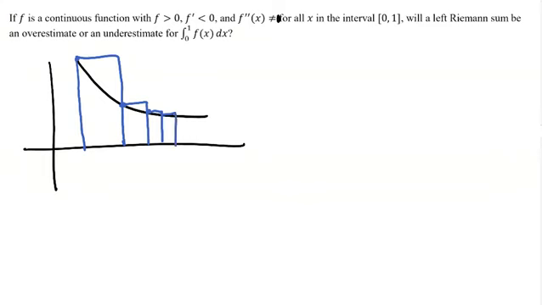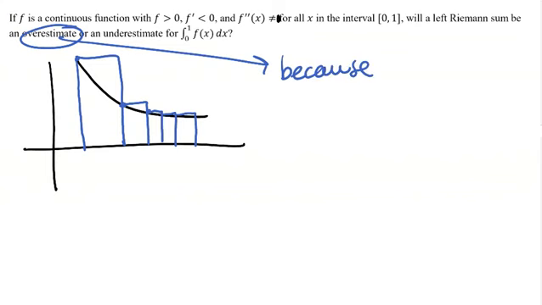Either way, you can tell that this is going to be an overestimate by the picture, because using the terminology they gave us in the statement of the problem, f prime of x is less than 0 on 0 to 1.